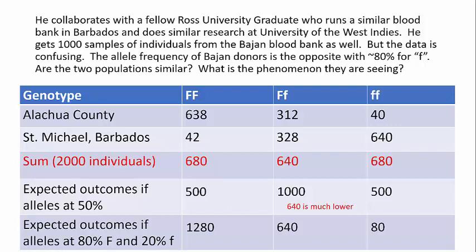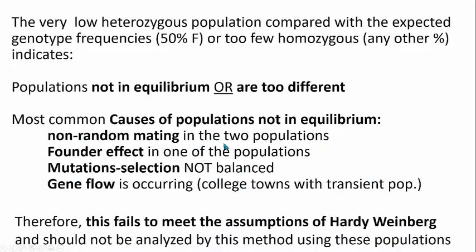That means we cannot do population genetics for this phenotype, this genotype, on this population. Now, why is that? That's probably because the population is not in equilibrium, and here are the reasons that populations are not in equilibrium most often. When we fail to meet Hardy-Weinberg, we cannot use this type of analysis to study this population.